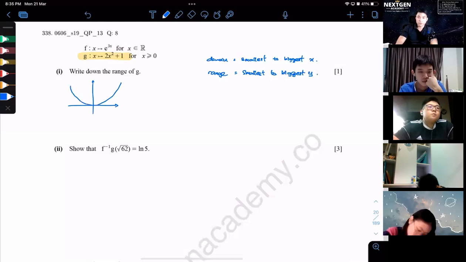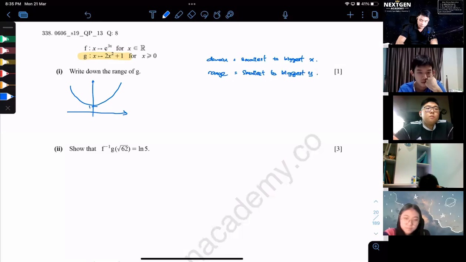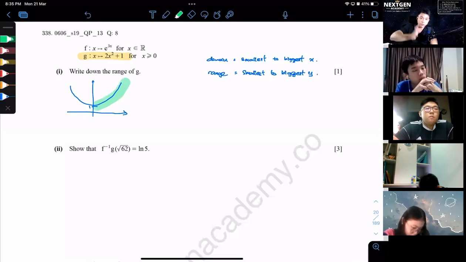Okay, this one you have to go back to your chapter 1. Sorry, drew a bit wrongly. Plus 1, so the whole graph shifts up by 1. They say they want x more than 0 only. So that means only from here onwards, and then to positive infinity. Understand?